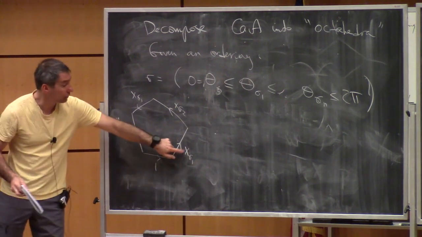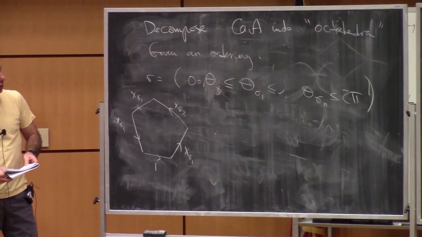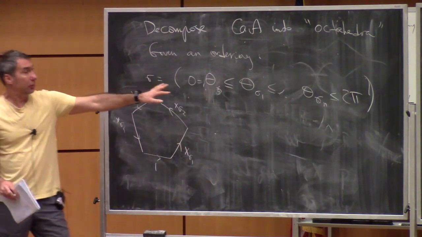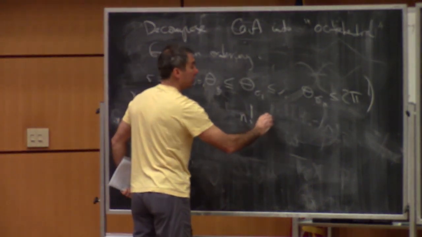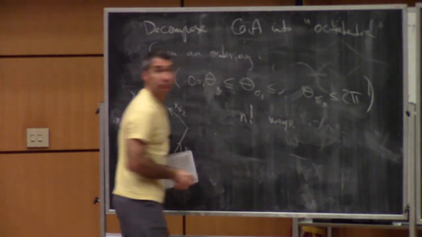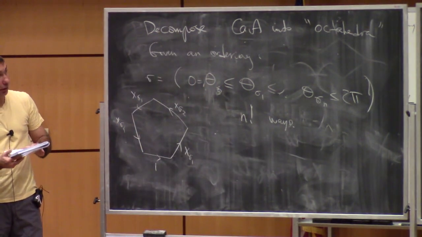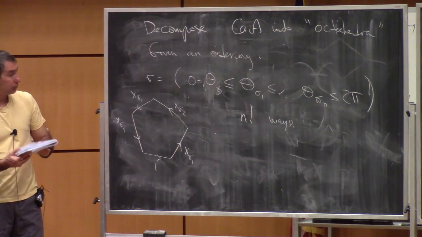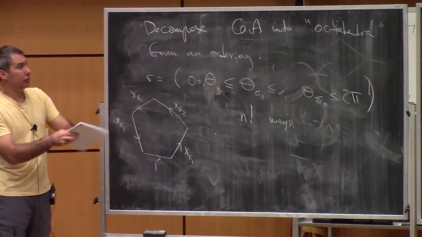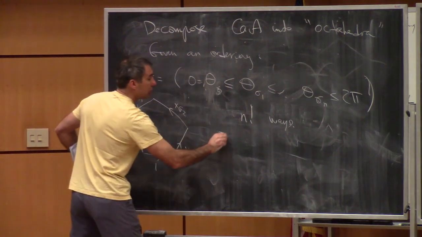I'm going to fix the labels for these vertices. So there are precisely n factorial ways to do it. In the case of n equals 3, it's 6. In the case of n equals 2, 2.